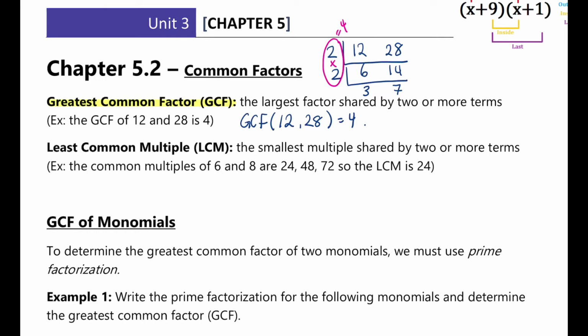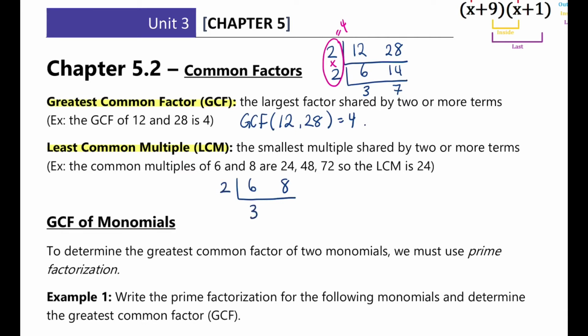Next term to go over is LCM, which is least common multiple, the smallest multiple shared by two or more terms. All right, so in order for us to check this, let's set up our table. 6 and 8, we're going to use the same format. See what these two numbers are divisible by. They're both even numbers, so I will try to divide it by 2.